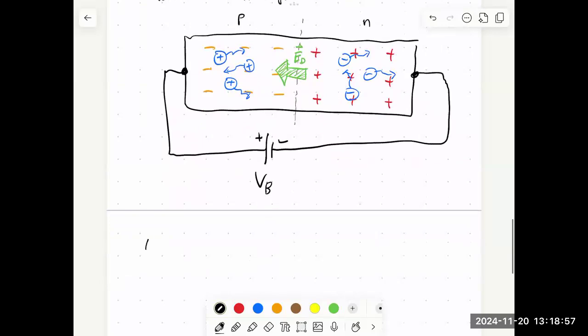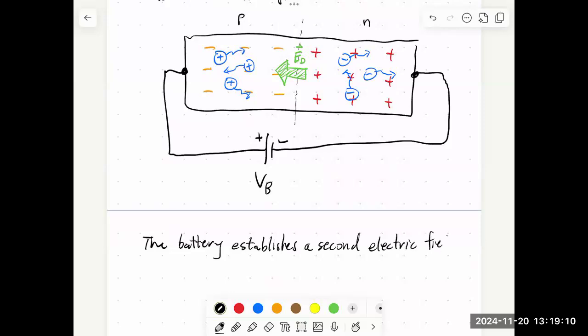All right, so the battery establishes a second electric field that opposes the ED. And I'm going to draw that as, let's see, maybe brown, I guess. And this will be our EB, the electric field due to the battery.